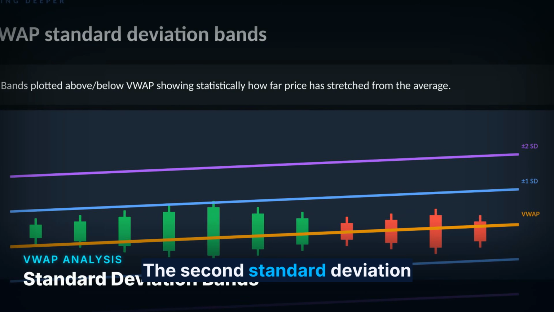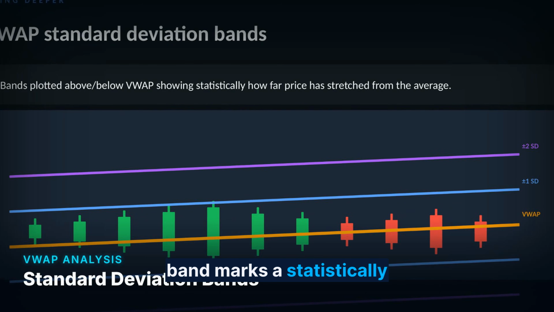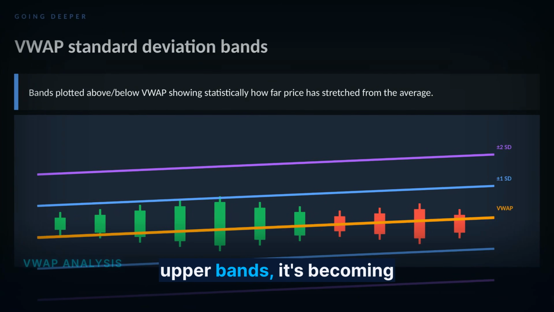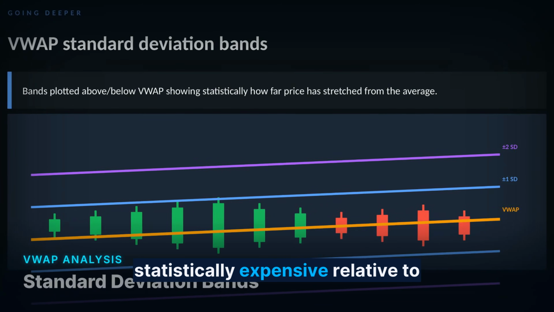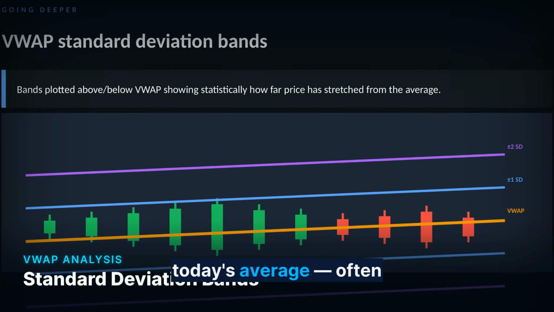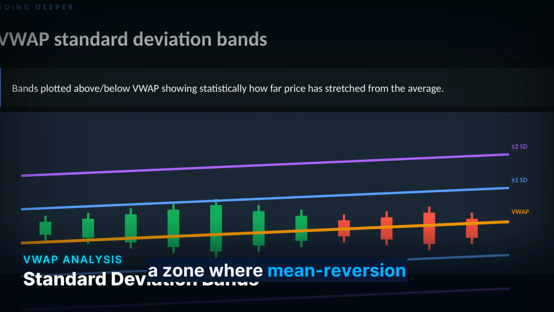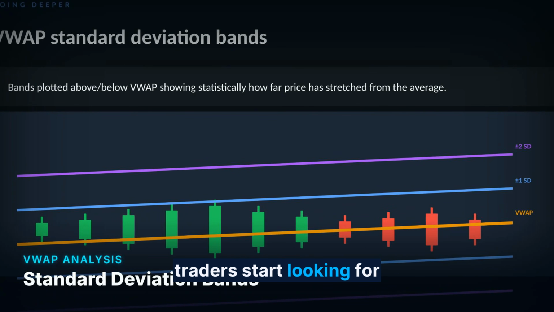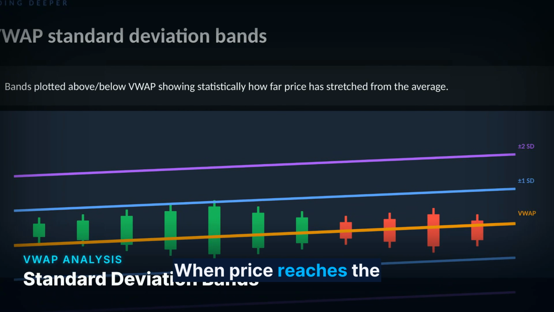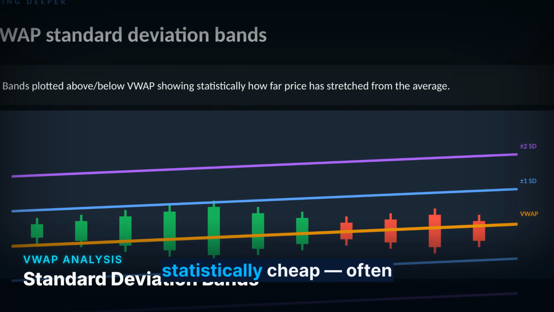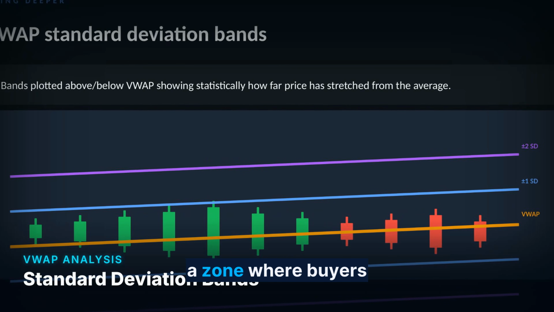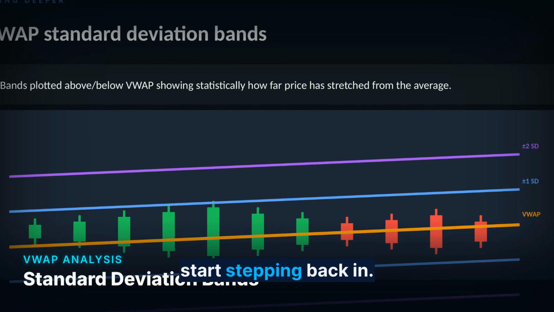The second standard deviation band marks a statistically stretched extreme move. When price reaches the upper bands, it's becoming statistically expensive relative to today's average, often a zone where mean reversion traders start looking for shorts. When price reaches the lower bands, it's becoming statistically cheap, often a zone where buyers start stepping back in.